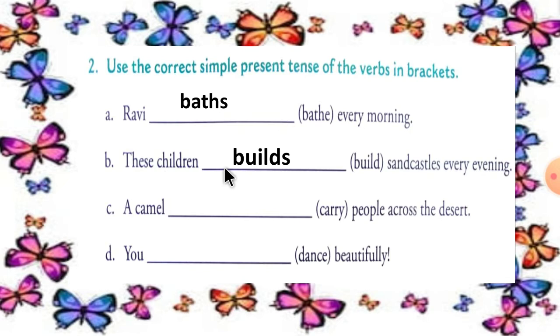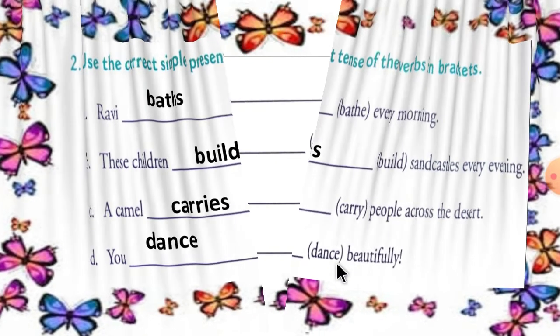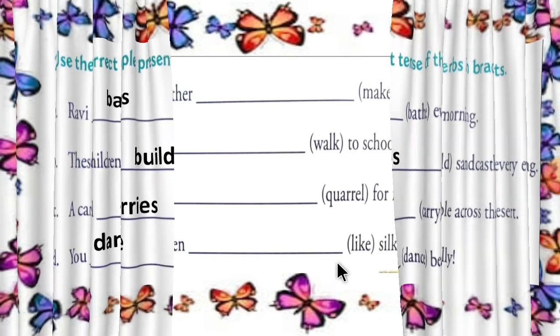A camel dash people across the desert. Answer is carries. A camel carries people across the desert. Then you dash beautifully. Answer is dance. You dance beautifully.